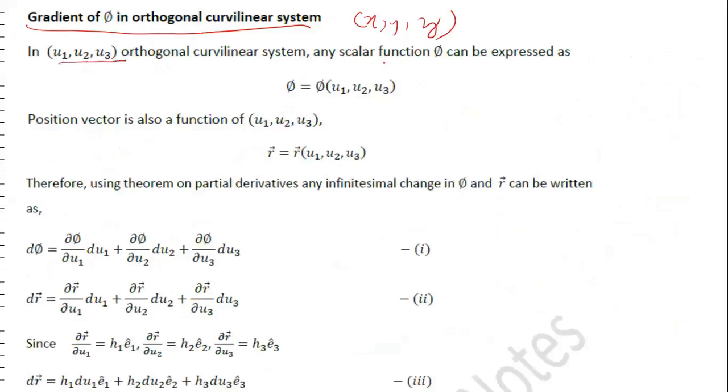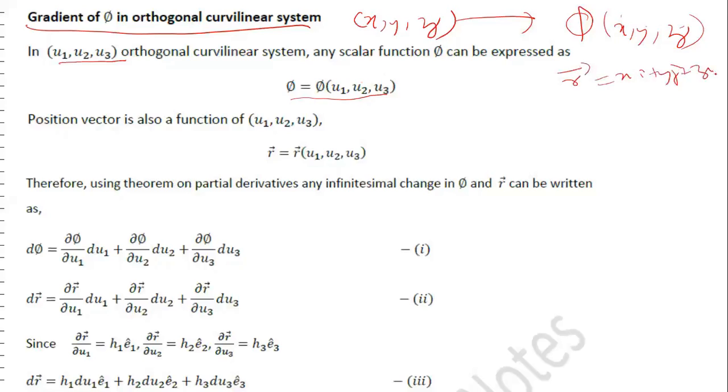Any scalar function in the 3D Cartesian system can be expressed as a function of the coordinate variables x, y, and z. Similar to that, in this orthogonal curvilinear system also, phi can be expressed as a function of the coordinate variables u1, u2, and u3.